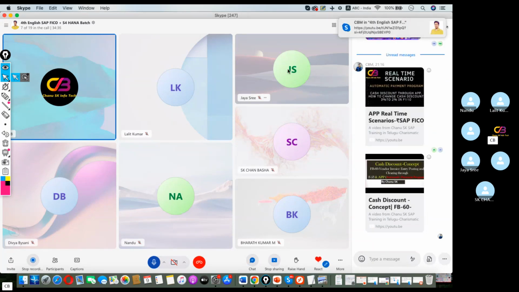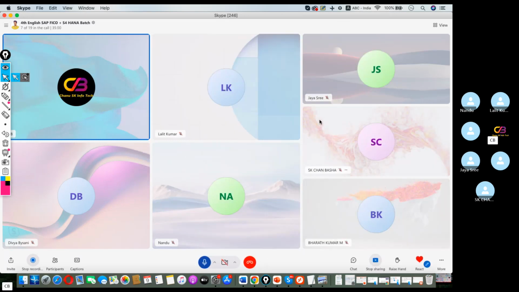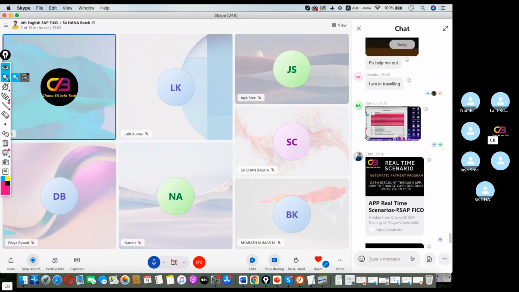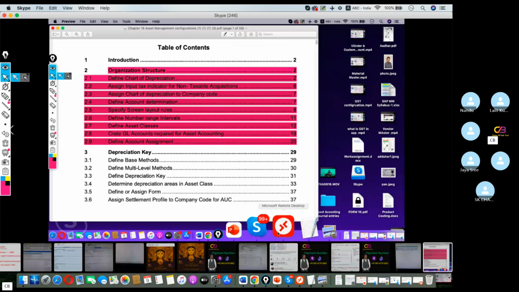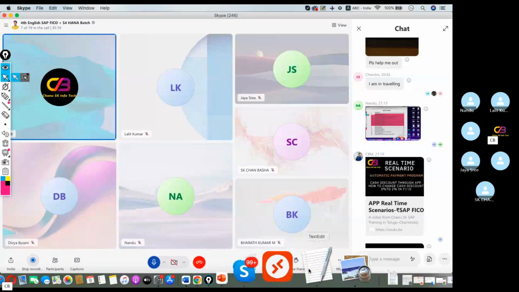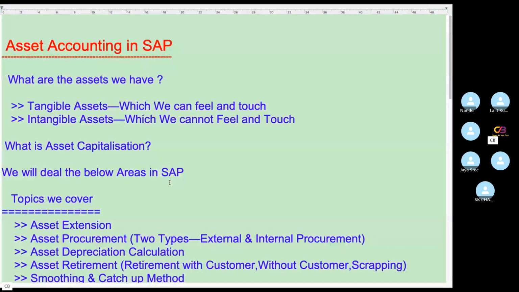Generally we already did the cash discount concept manually, but through the automatic payment program, how to clear the invoice and how to get the cash discount from the vendor. Two videos I shared. Try this today, finish it and share the screenshot in the chat box. Meanwhile, read these configurations. I'm also sharing these notes to give you some idea.